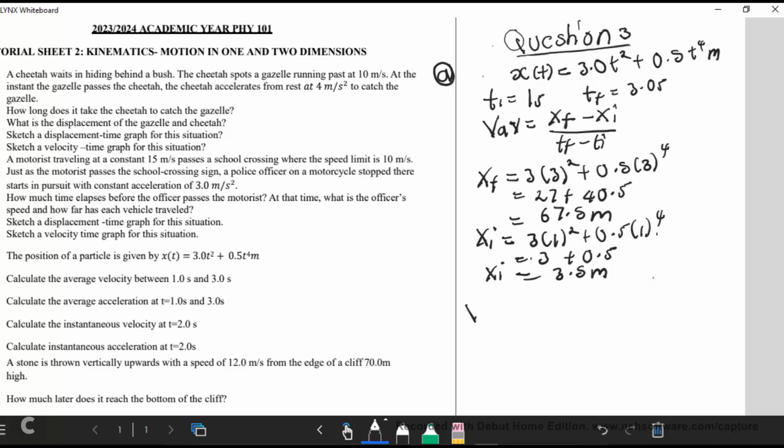So for you to calculate the average velocity, you say the change in displacement over the change in time.